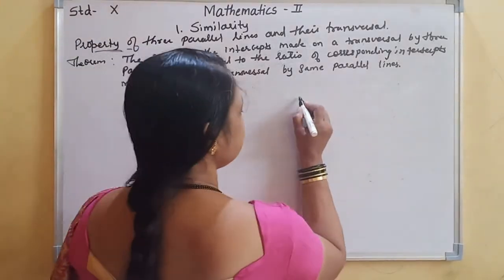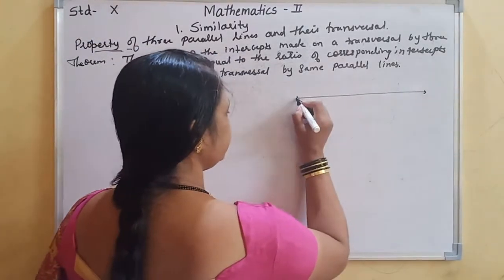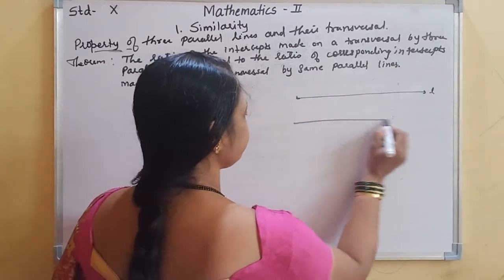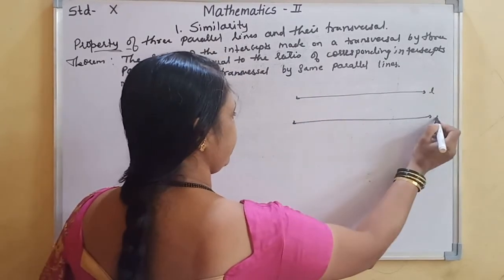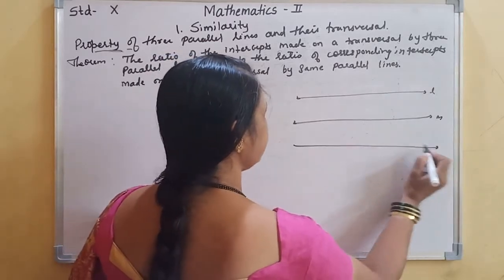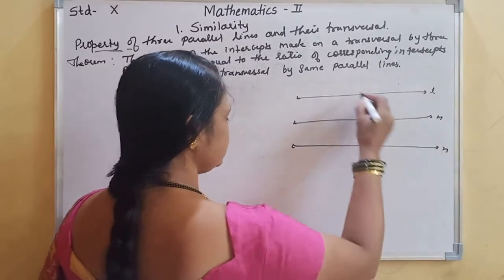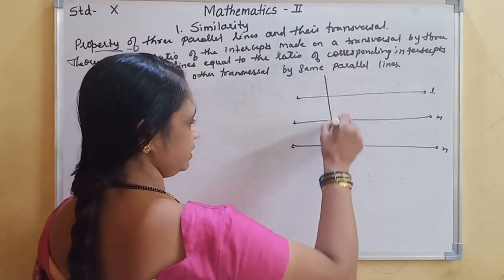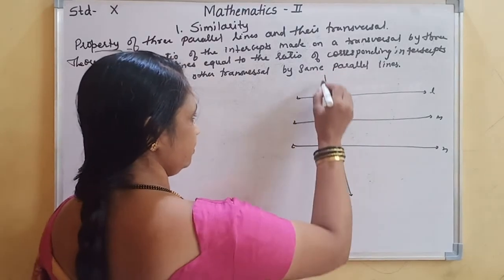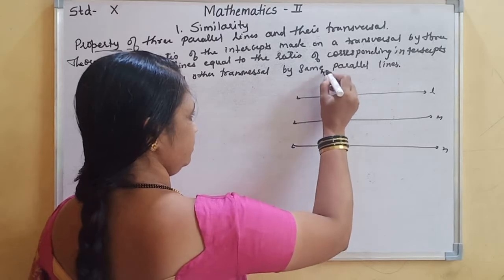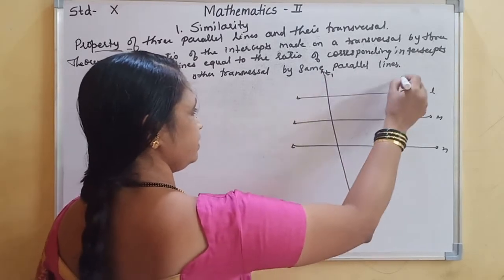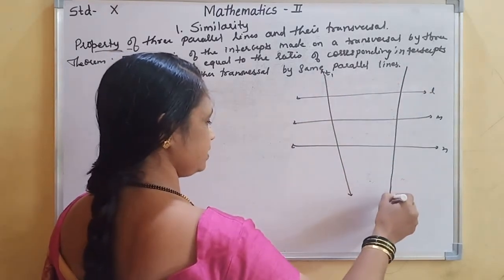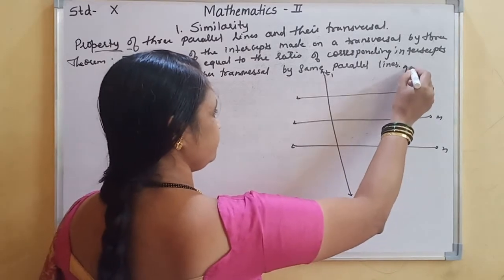We name these three parallel lines L, M and N. Consider this transversal as T1 and this as T2.